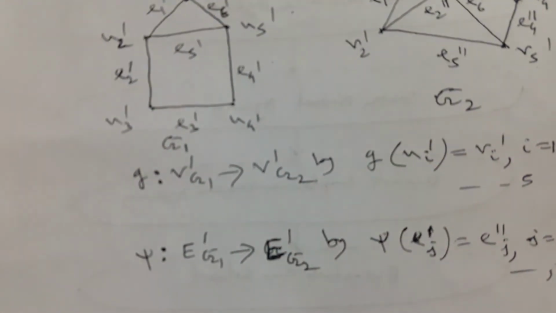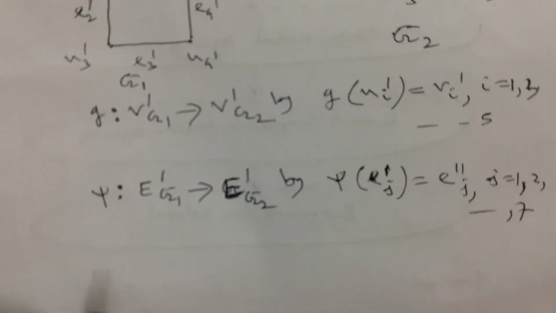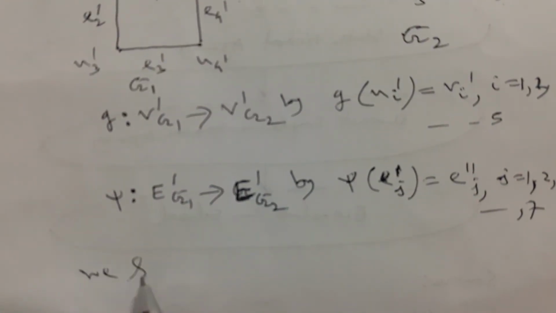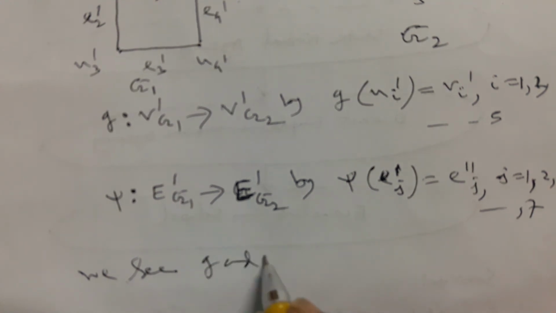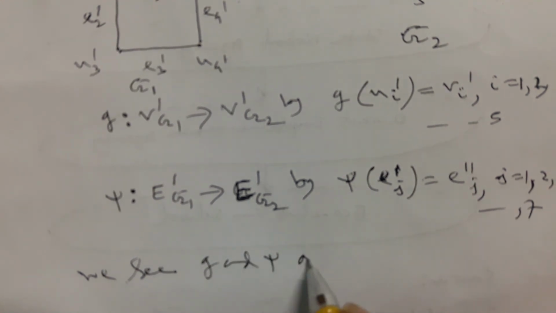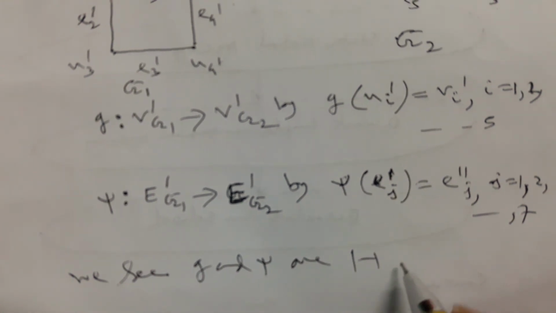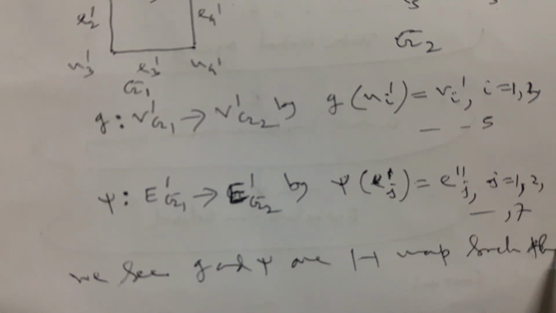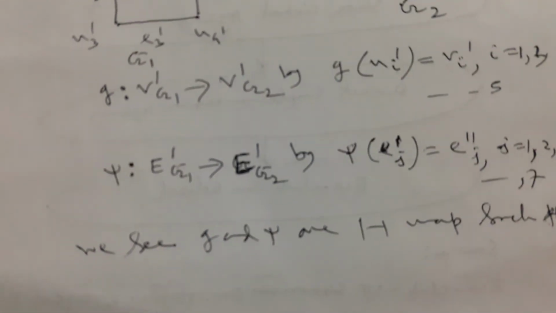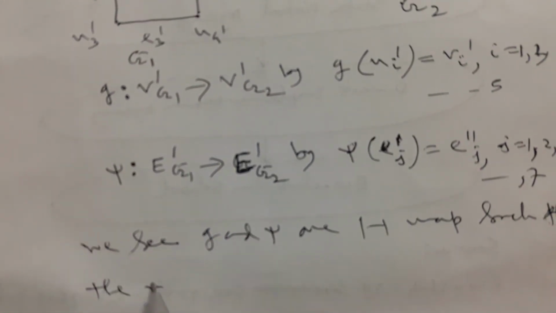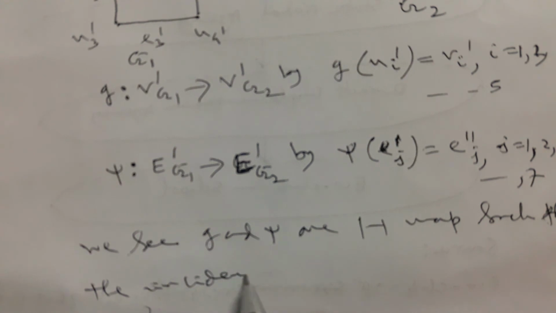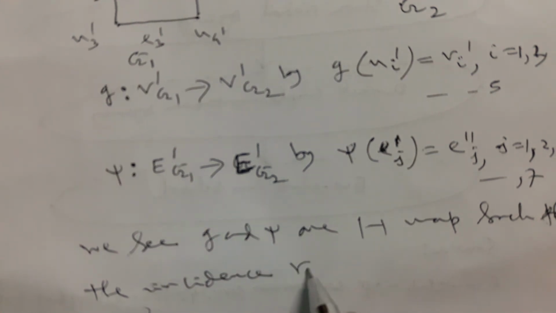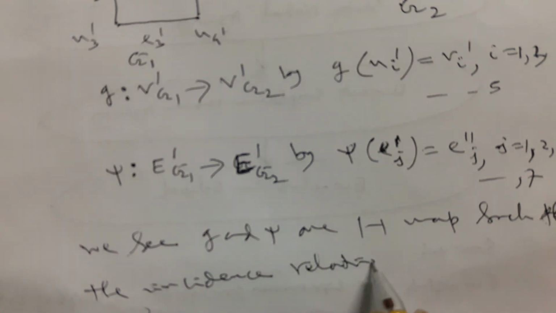So we see from these two functions, g and psi are 1-1 maps such that the incidence relation is preserved.